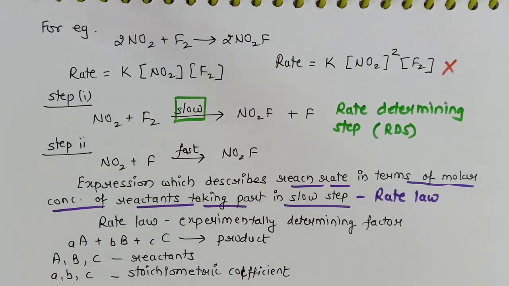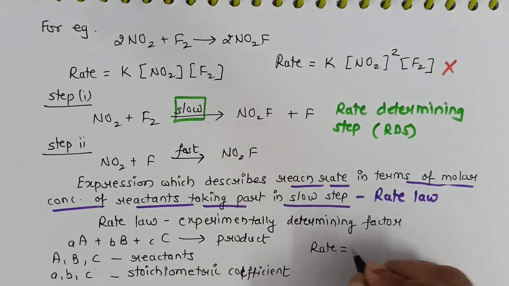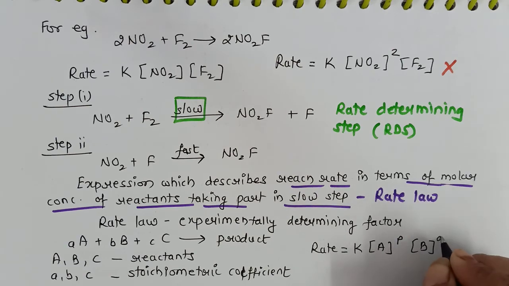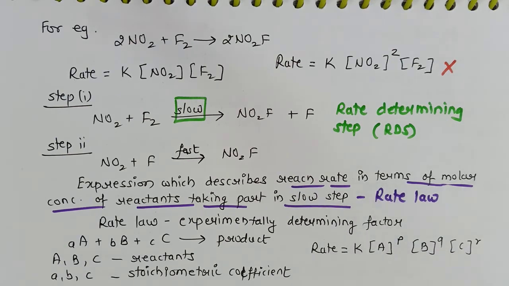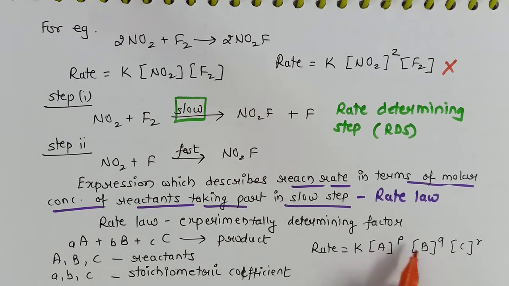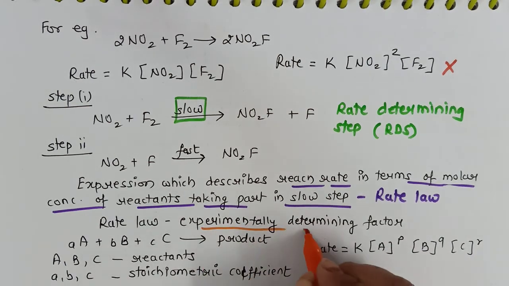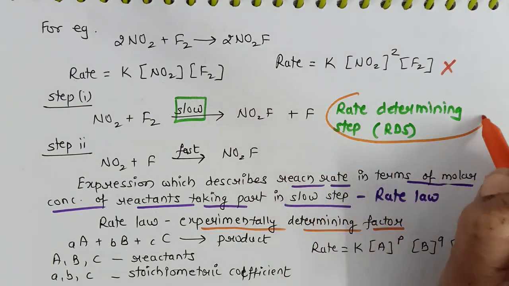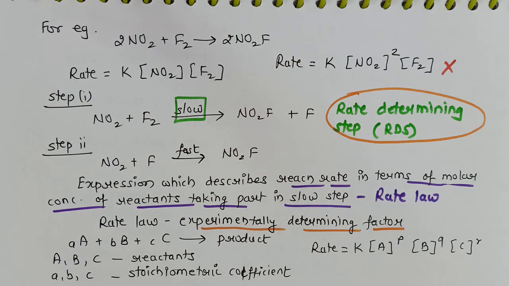For this reaction, how can we write the rate law? Rate equals K into A raised to power p, B raised to power q, C raised to power r. Remember, p, q, r may or may not be equal to a, b, c. So these values p, q, r come from experimentally determined factors, and they come from the rate determining step, which is the slowest step of the reaction mechanism.